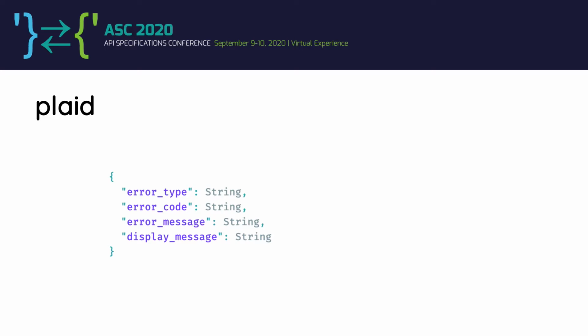So drilling the error down to more finer grained messages is possible. The error message is a developer-friendly representation of the error code, and the display message a user-friendly representation. So once again, when you communicate to their API as a developer, you probably get more information from the error message, and when you communicate an error to the end user, the user agent, you would use something like the display message.